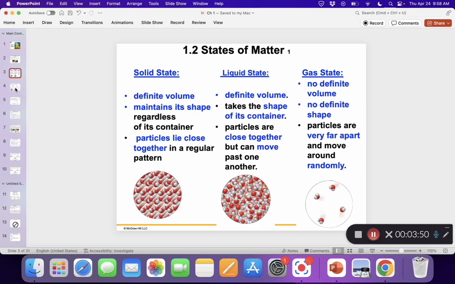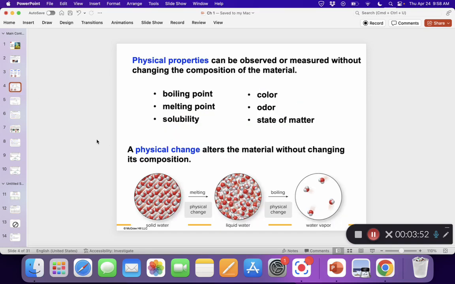Now let us look at the different properties that characterize matter. All matter is characterized by physical and chemical properties. What do we call physical properties? If, without changing the composition of a material, we can observe changes in its appearance or state, then we call them physical properties.